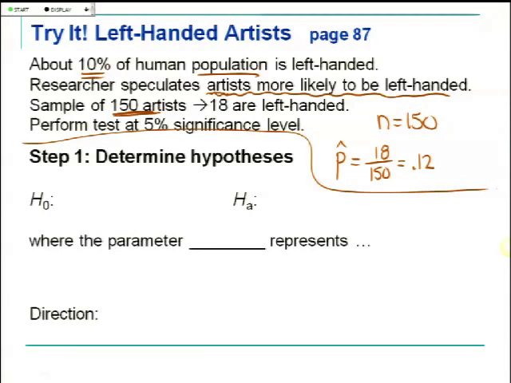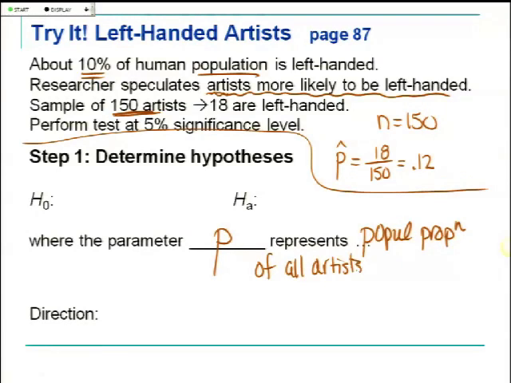The hypotheses that the researcher wants to test are about the parameter P. P again represents the population proportion of all artists that are left-handed. The theories to be tested, H0 is the status quo.